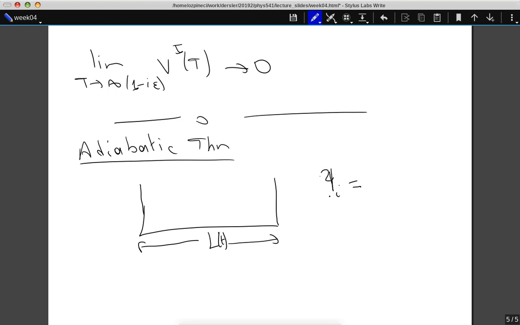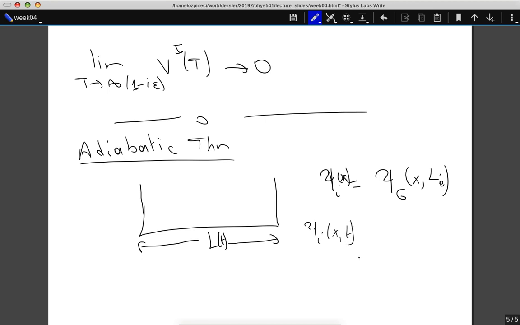Let's say the initial state is your ground state. This time, of course, the ground state will depend on r, the position, and as a parameter, it will depend on L, its initial value. Now the question is, what is the state of your system as a function of time?